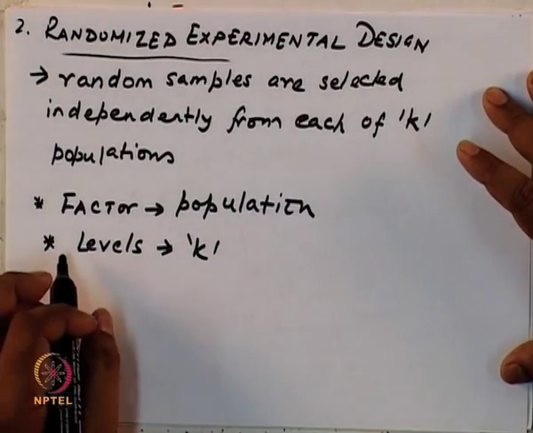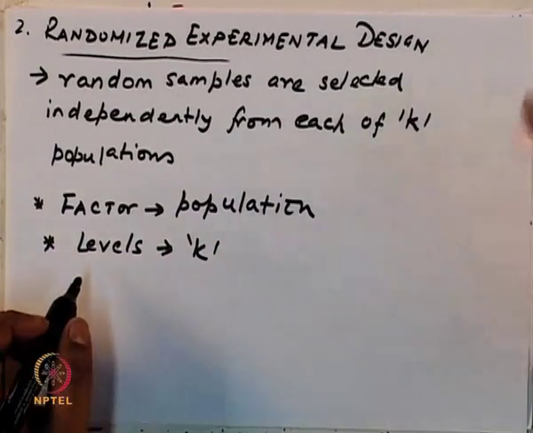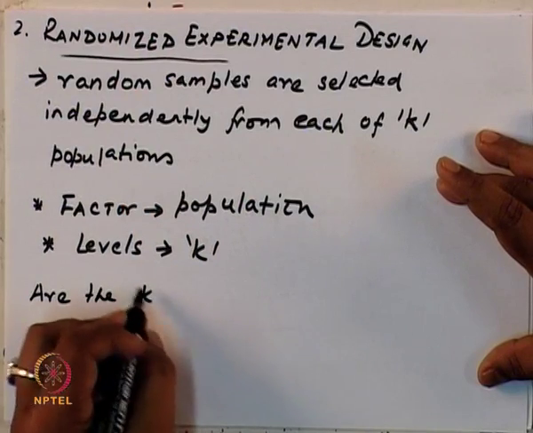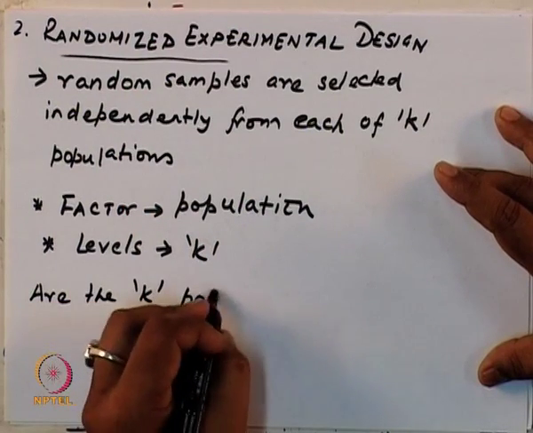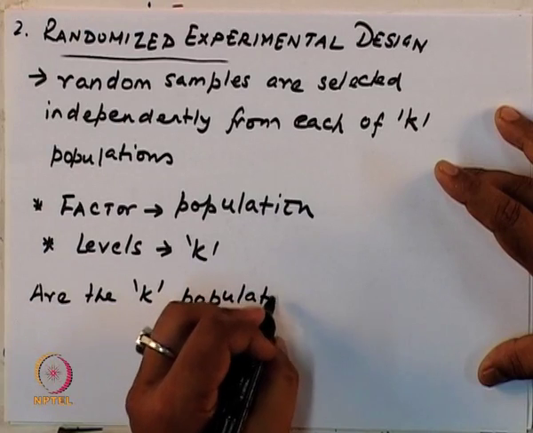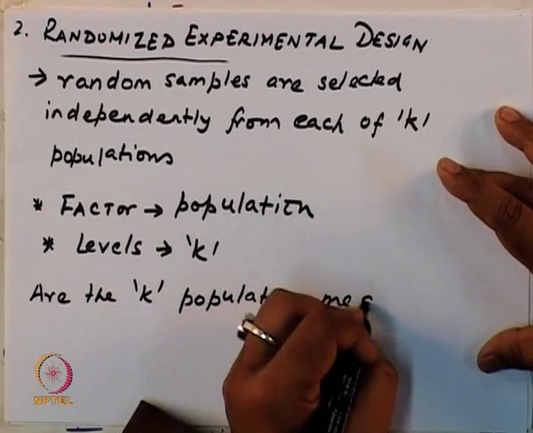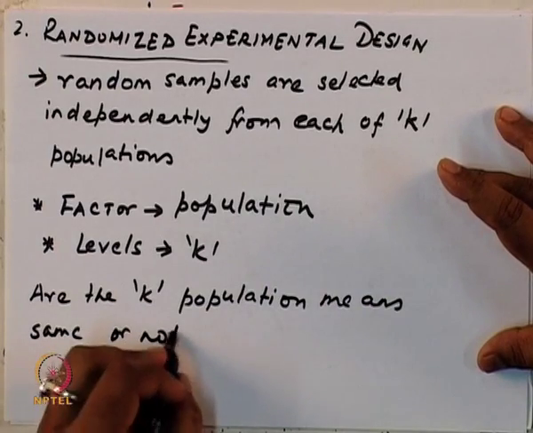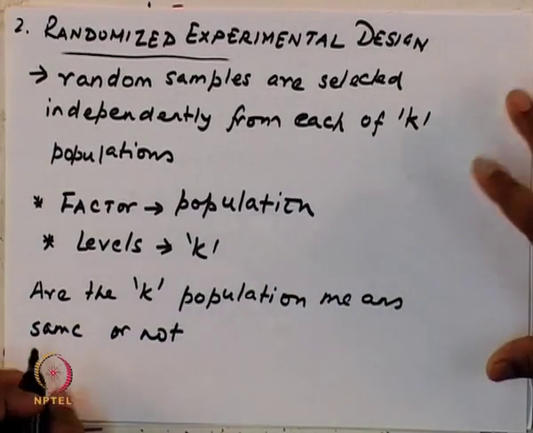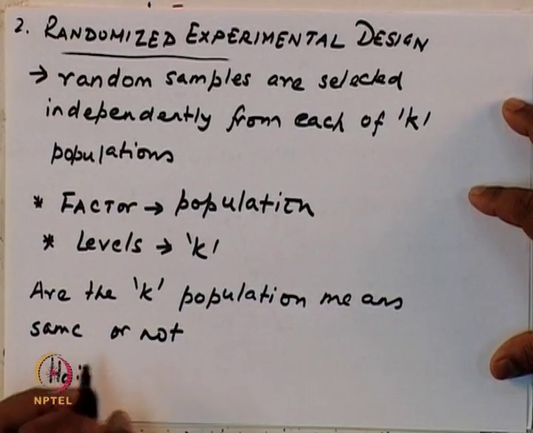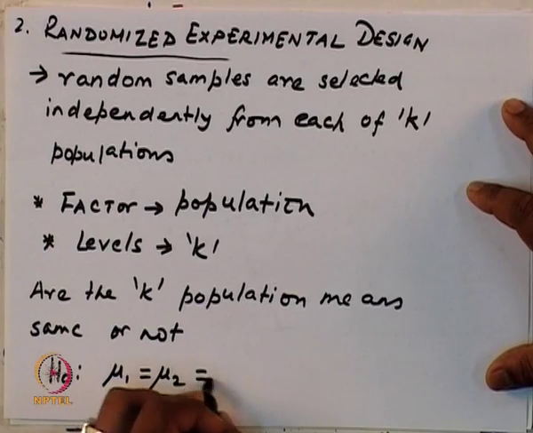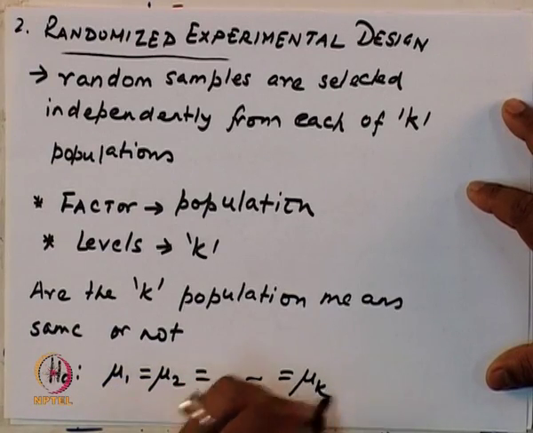So, the question with these designs, with these experiments, you want to address is, are the k population means same or not? Essentially you want to test the hypothesis that if you have k populations, mu1 equal to mu2 equal to mu k.